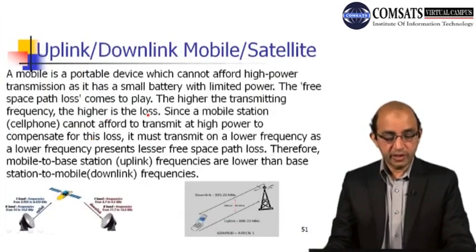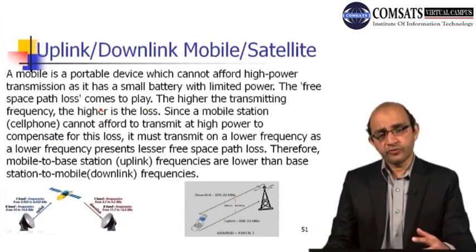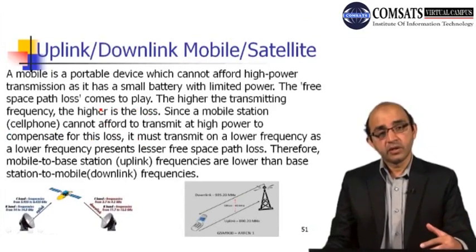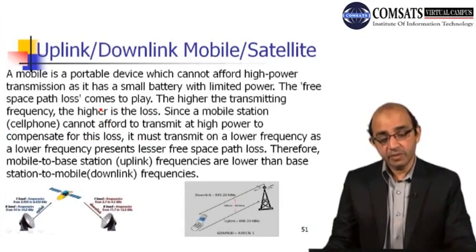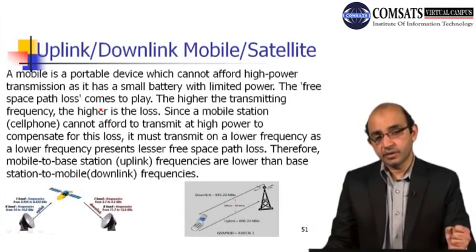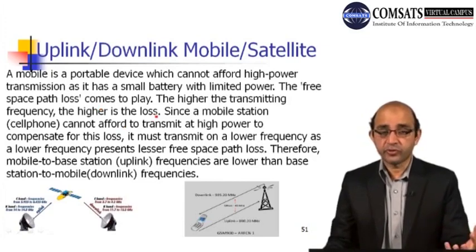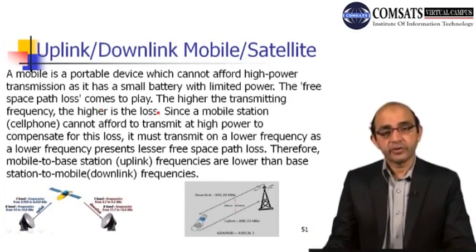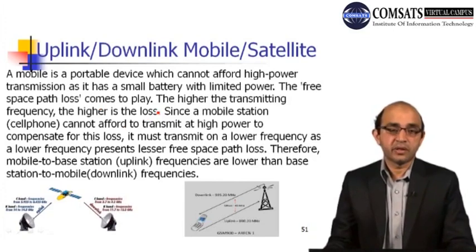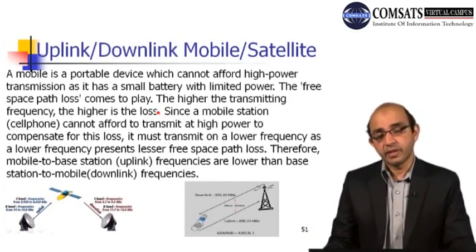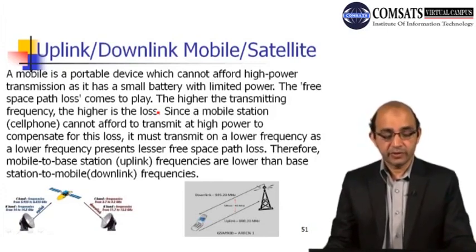If we try to find the analogy of uplink and downlink for satellite communication and mobile communication, the mobile also has some resource limitation. For example, we have limited computational power, limited battery life, limited display, right? Mobile is a portable device which cannot afford high power transmission.